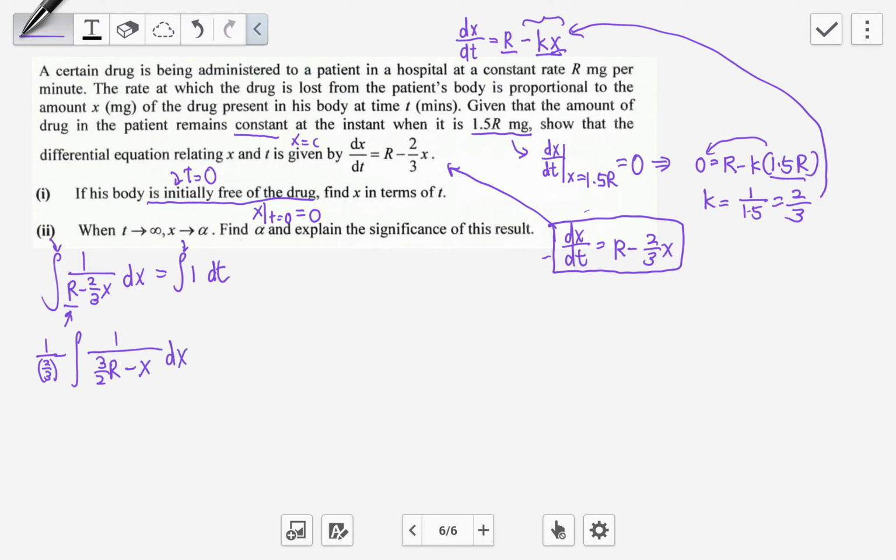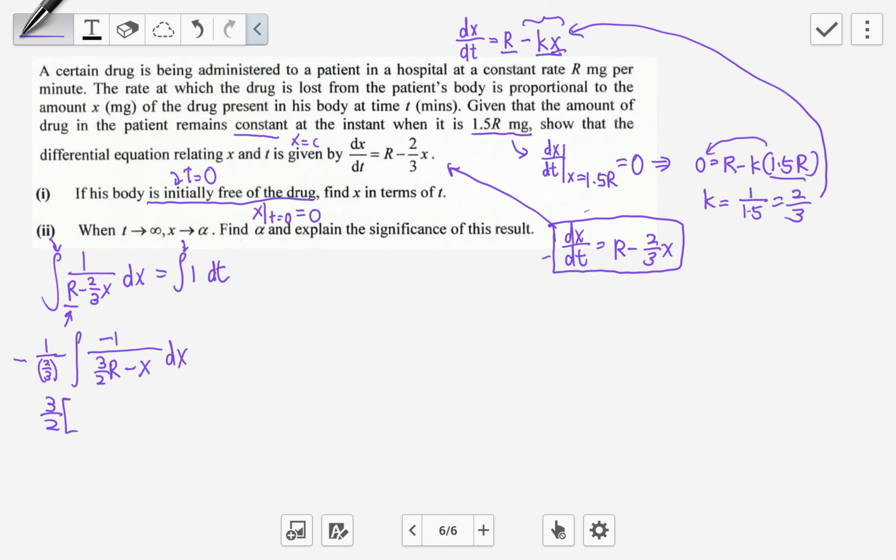This is equal to 3 over 2, and when we integrate this, actually I could put a minus so that I have a minus sign here.